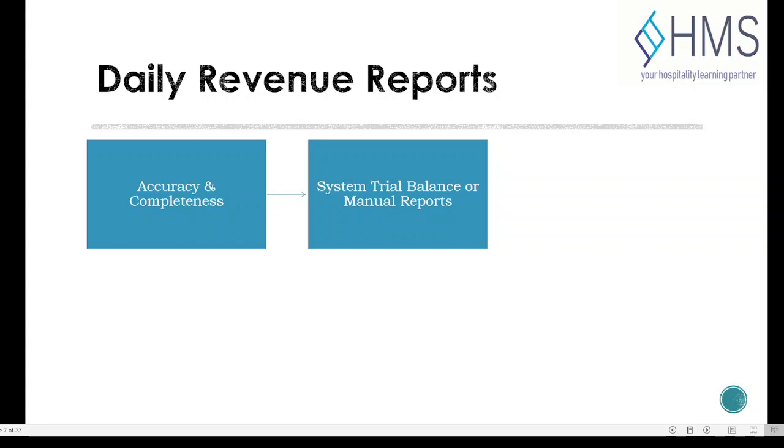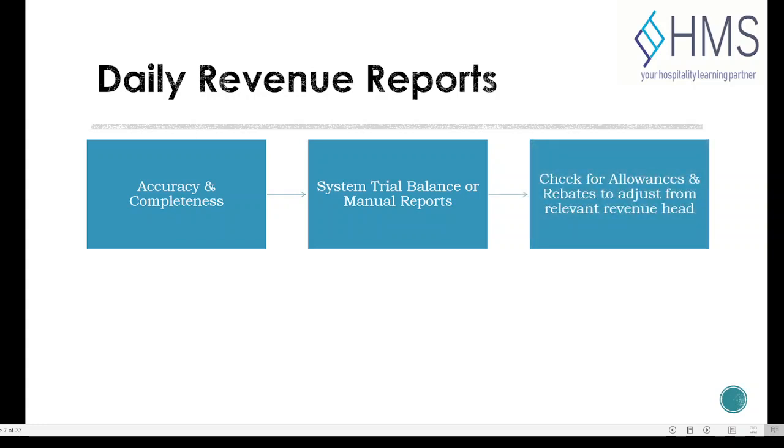They may just be writing down the reports daily into Excel, or a gift shop or a small business center. They may send the reports on a daily basis in Excel or as manual reports to income audit for reporting into the daily revenue reports.